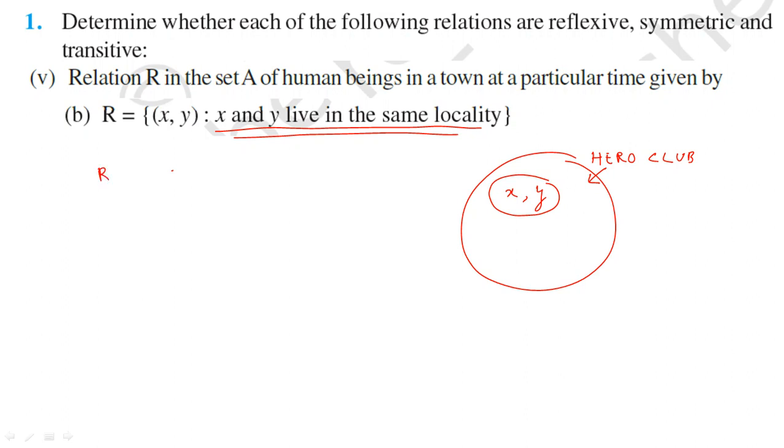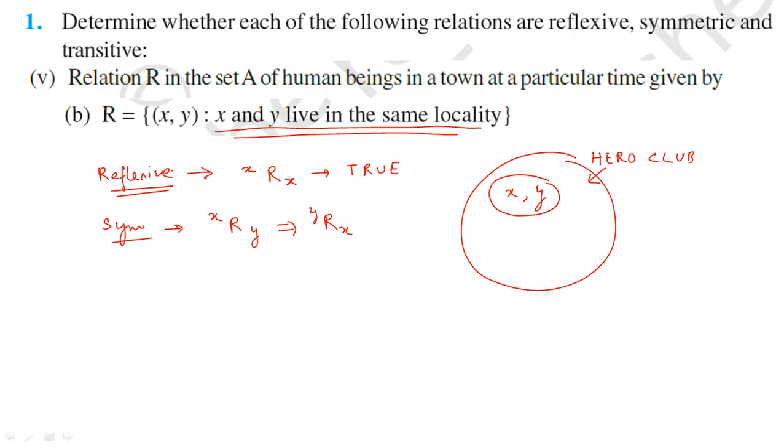What about the reflexive nature? If I am talking about reflexive nature, X in relation to X, this one is true because both lie inside the same locality. And what about symmetric nature? X in relation to Y implies Y in relation to X. X and Y both lie in the same locality.